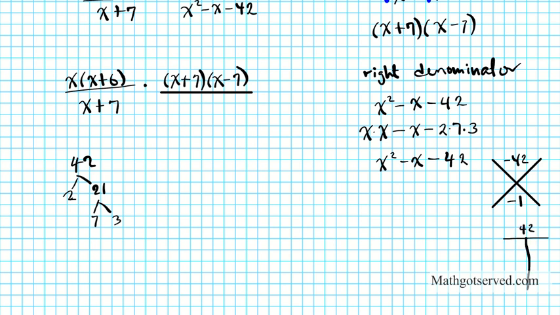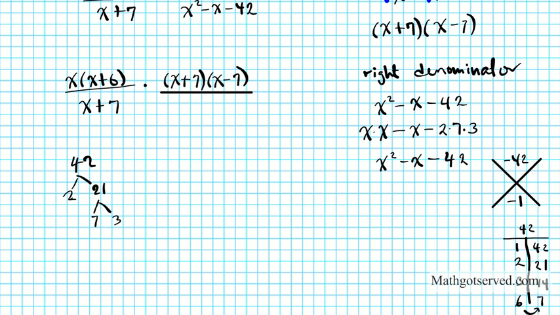Alright, so for 42 we have 1 times 42, 2 times 21, and then 3 times 14. 3 times 14 gives you 42 also, and then we have 6 times 7. Okay, so there goes a complete list.